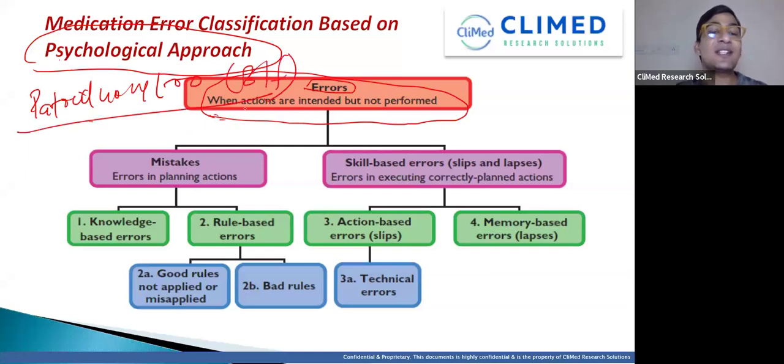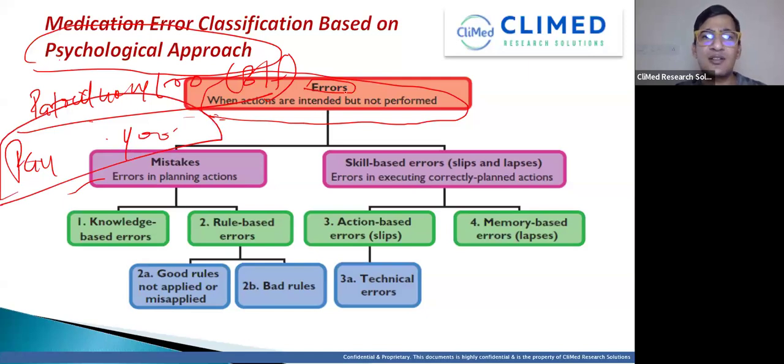This was intended, but I'm just writing pen 100. Doctors do that. You must have seen. They don't write the dosage, the frequency, the dose unit, or the instructions properly. So that means actions were intended but not performed in the right way.